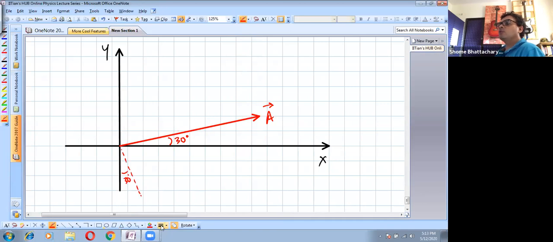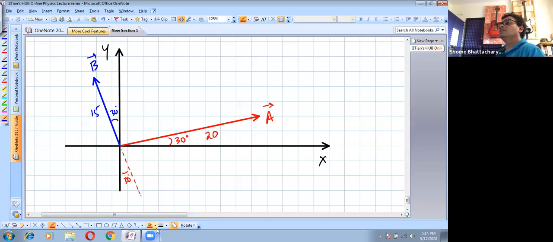When we drew it properly from the origin, this was our vector B, such that this angle was 30. Remember that. Its magnitude was 15, whereas magnitude of A was 20.